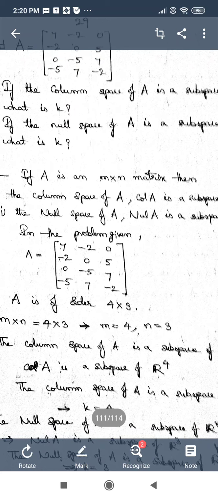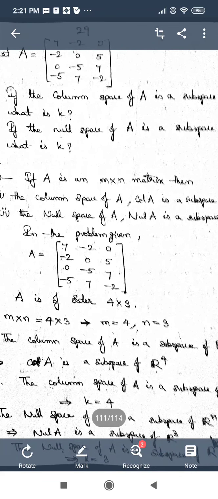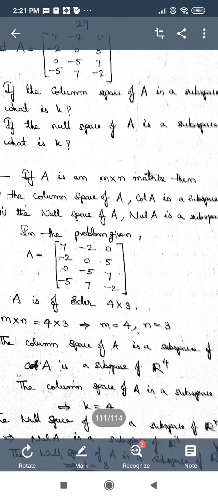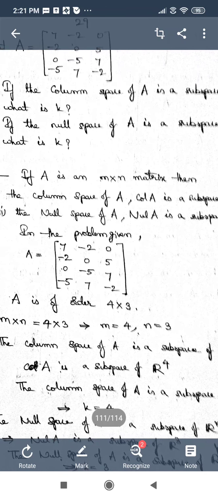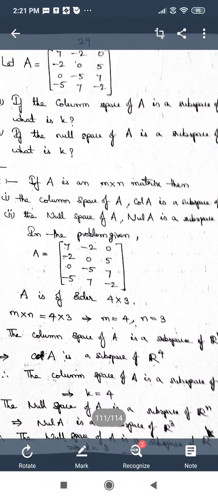And the order denotes the number of rows and the number of columns present in that matrix. So we are considering only these two things, that is the number of rows and number of columns, the order of the matrix A only. Whatever be the elements of the matrix A, we are not considering them.